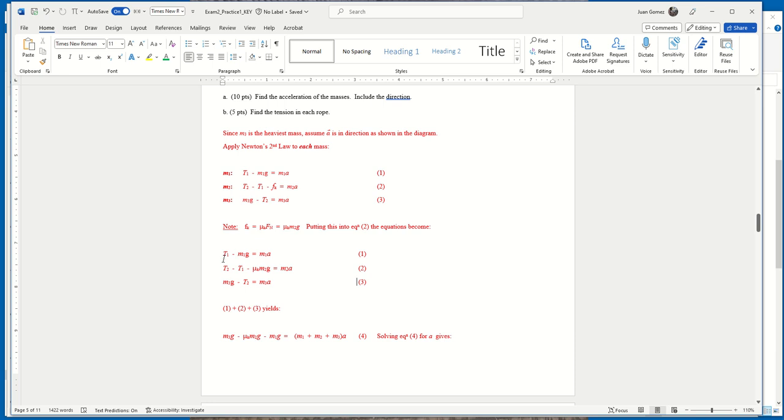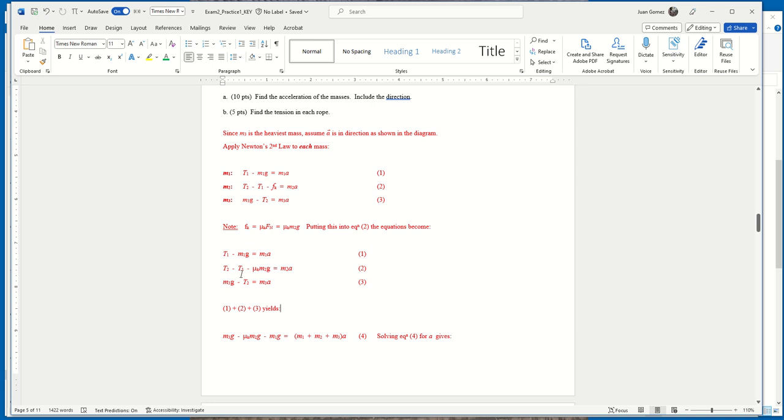So when I add the left side, notice I have a T1 and a minus T1. They cancel. Then I have a T2 and a minus T2. They cancel. That's not some trick I made up. That's a very standard algebra method.